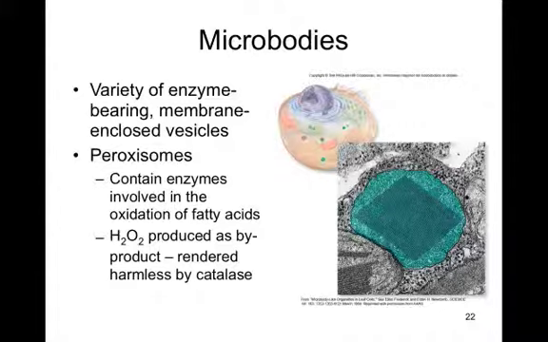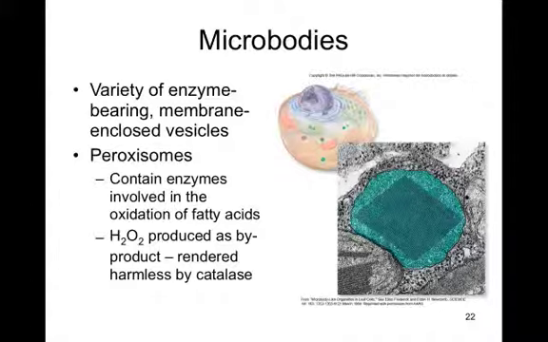Another variety of enzyme-bearing membrane-enclosed vesicles are the microbodies. There are many different types of microbodies, but the peroxisomes are of particular interest. They contain enzymes involved in the oxidation of fatty acids.